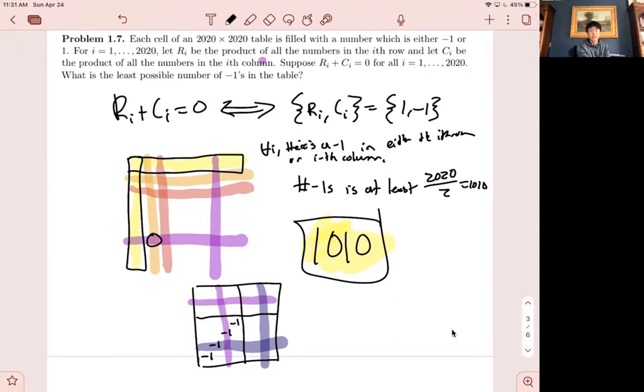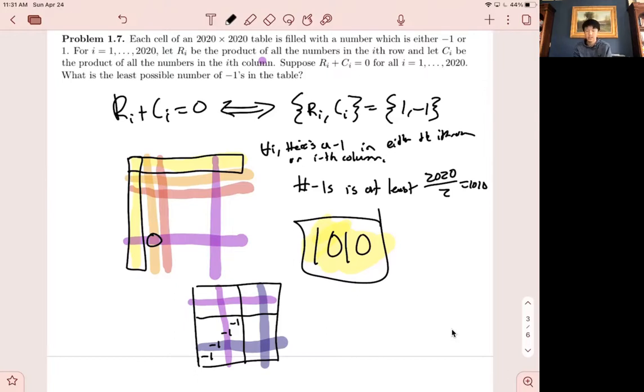But each negative one can only contribute to 2 values of i. So that means that there are at least 20 different i values that we have to handle, divided by 2 because each negative one can only handle 2 values of i. So there's at least 10 negative ones to handle everything.